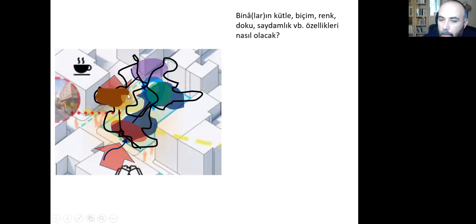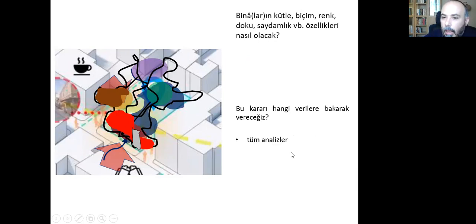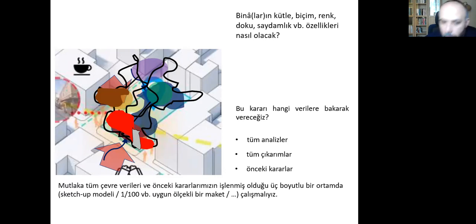I can create sketches, and I can work in a 3D environment. I can make models for that, try to give certain shapes, certain colors, certain openings here. Again, I need to consider all my analyses, all my pre-design decisions, and all my previous decisions. And here is a very nice trick that I will give you as advice.